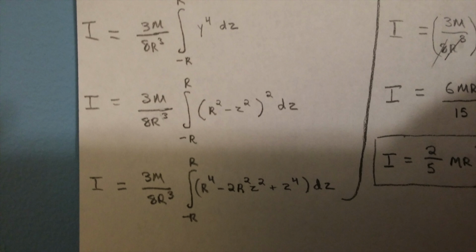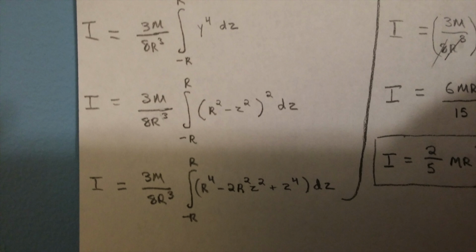Now that we've established our bounds, we can go ahead and try to solve this integral. However, we notice that we can't really integrate y to the 4th with respect to z, so we have to find a way to represent y in terms of z.